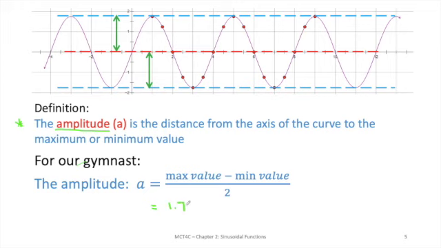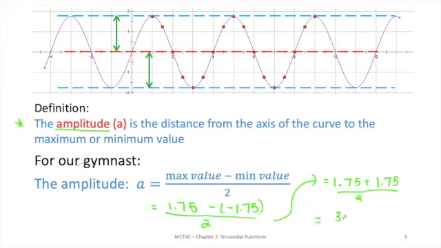So your max is 1.75 minus that negative 1.75, all divided by 2 is equal to 1.75 plus 1.75, all divided by 2, which is 3.5 divided by 2, which is 1.75. Okay, and that is going to be liters per second as well.